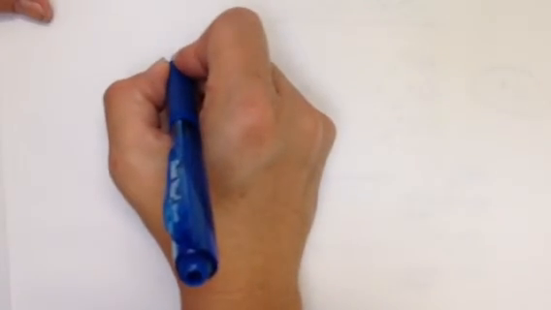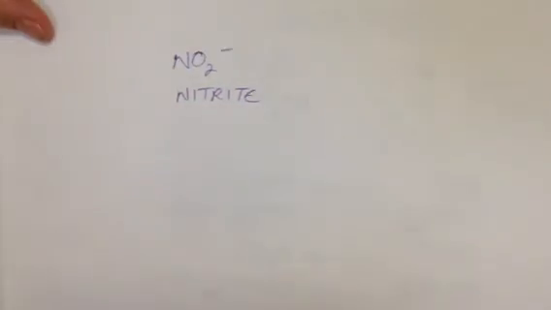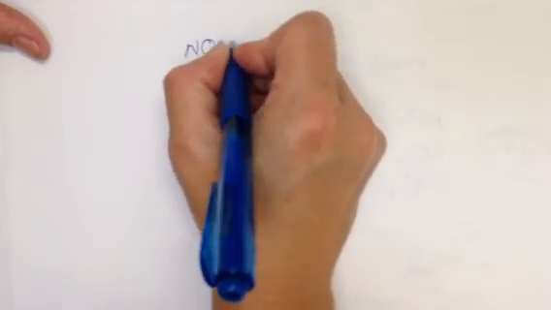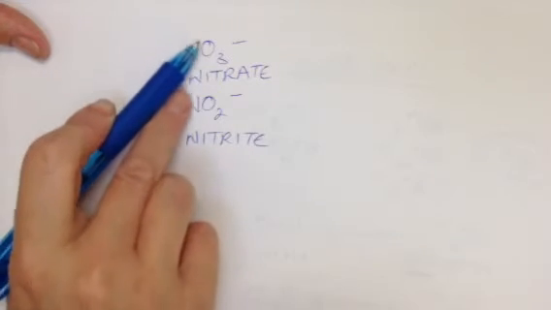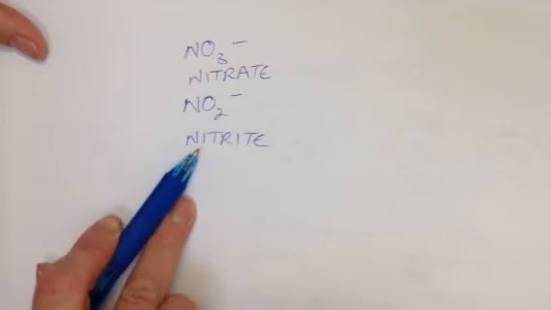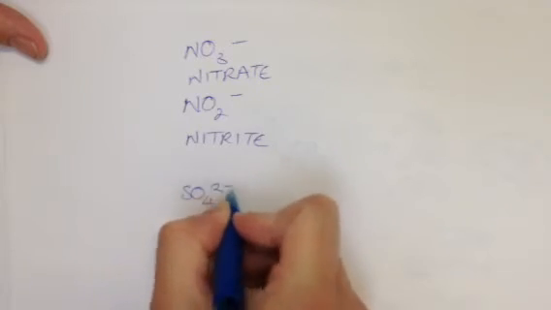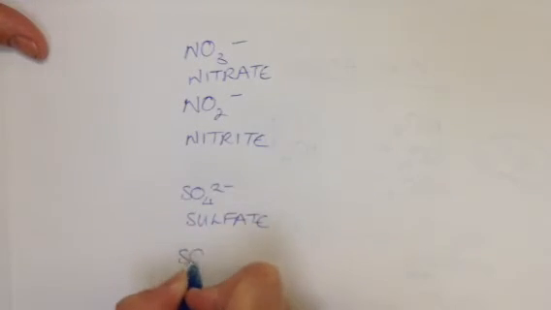Okay, what about this ion, NO2 minus? Well, it's called nitrite. And if you remember, nitrate was NO3 minus. Okay, so NO3 minus is nitrate, NO2 minus is nitrite. Remember we had SO4 2 minus was sulfate. SO3 2 minus is sulfite.